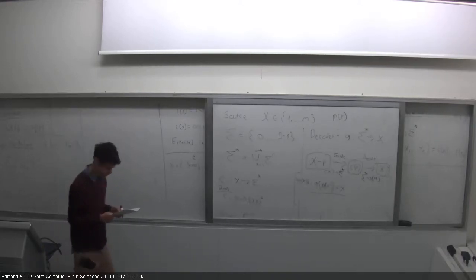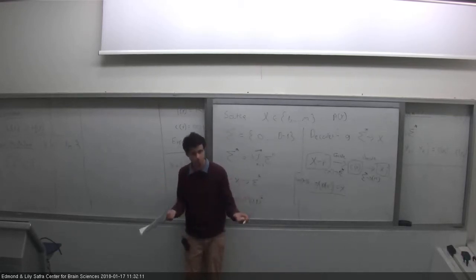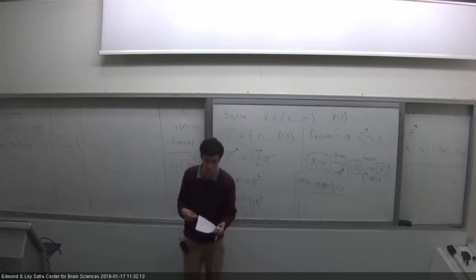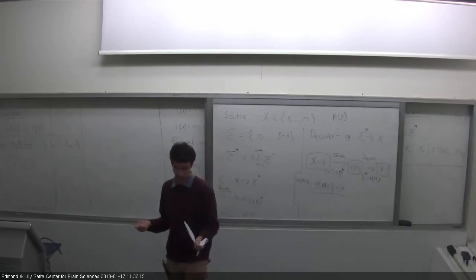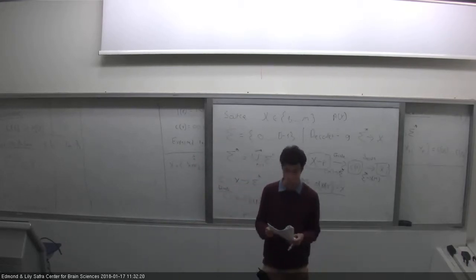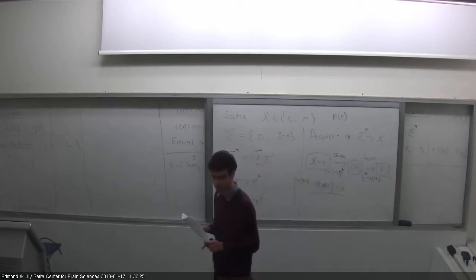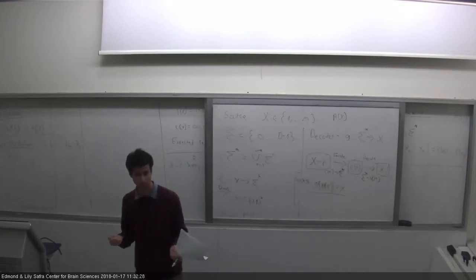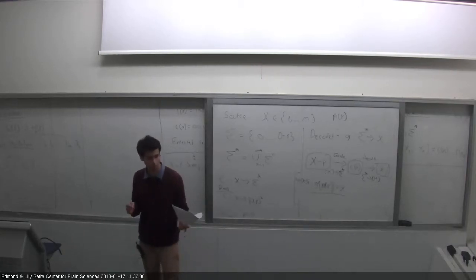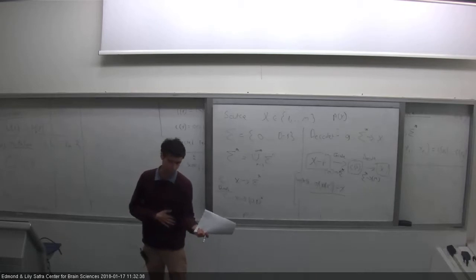The first direction of this inequality is trivial, because any prefix code is also a uniquely decodable code, so it must satisfy the inequality. Is it clear why the first direction is immediate?